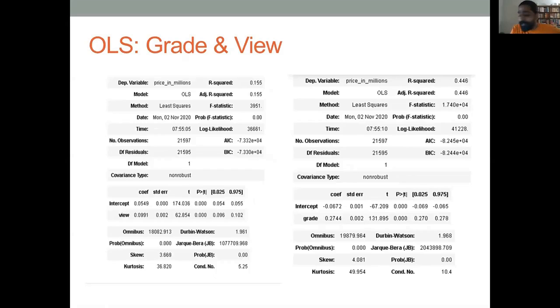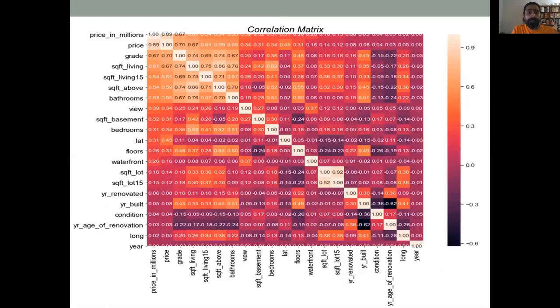These were the four variables I used to build my model. I also checked the overall correlations, and the highest correlation was between square feet living and square feet lot.